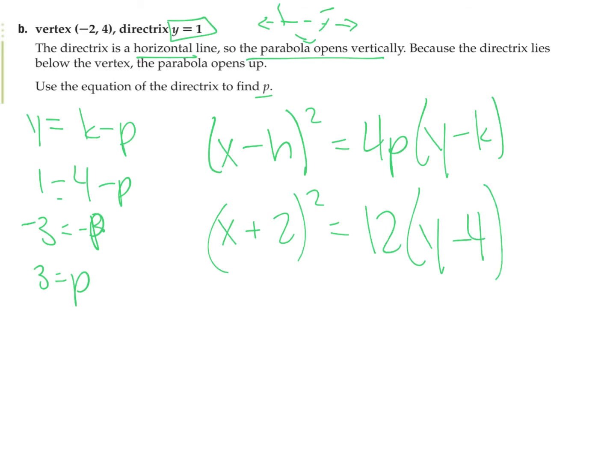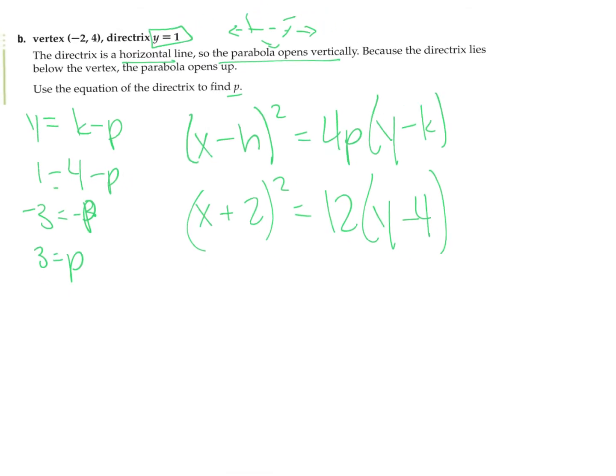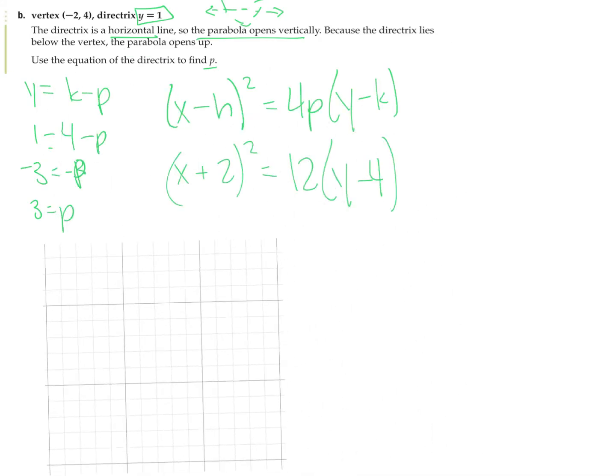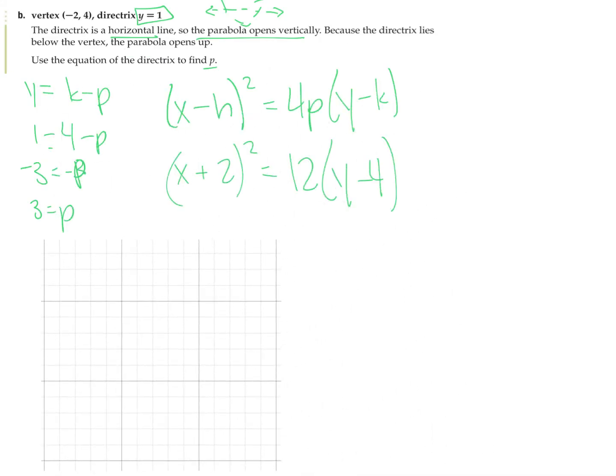And then now we have to go ahead and graph it. All these ones we are graphing. Let me bring in my axes, and maybe I won't mess up the graphing on this one as much. Looking at negative 2, 4. It's opening up or down, so I'll just go that way.